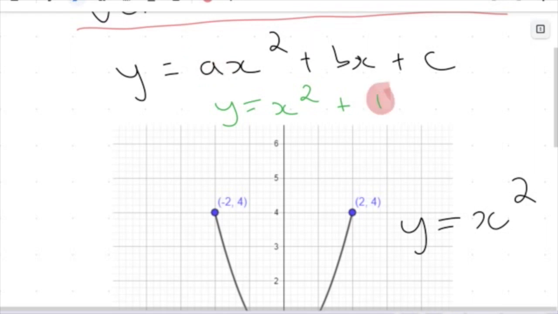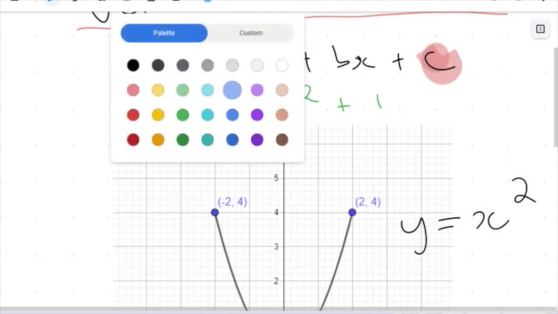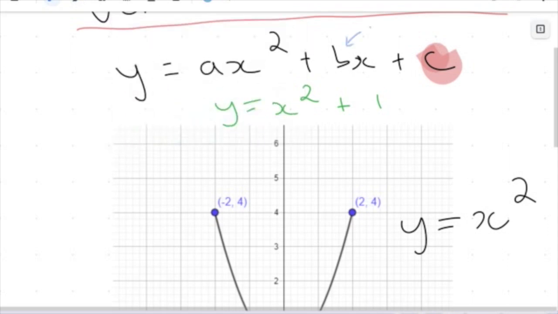But now you can see this plus 1 is our constant c, so we are looking at the effect of changing c. Our b is assumed to be 0 because we have no x term. Let's make a quick note of that: b equals 0. So I'm just working with my a and my c pronumerals here.